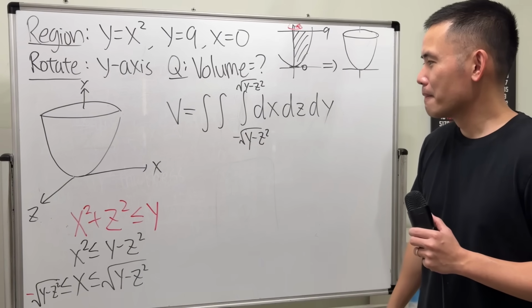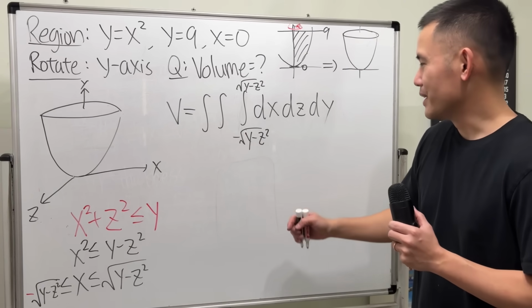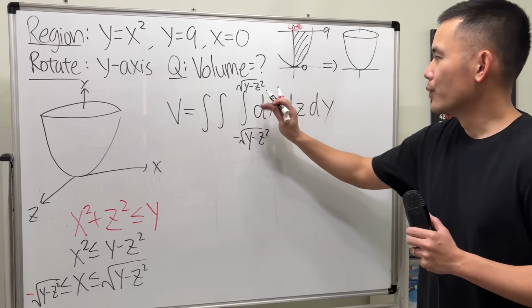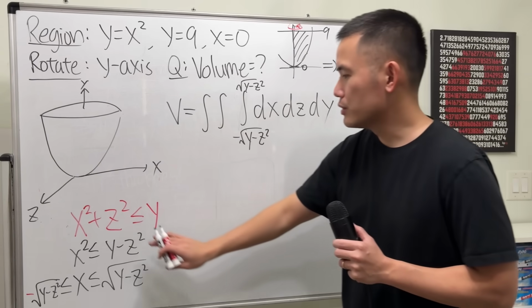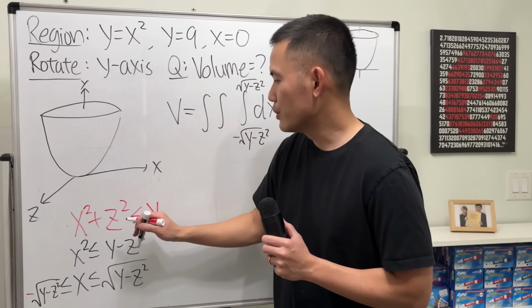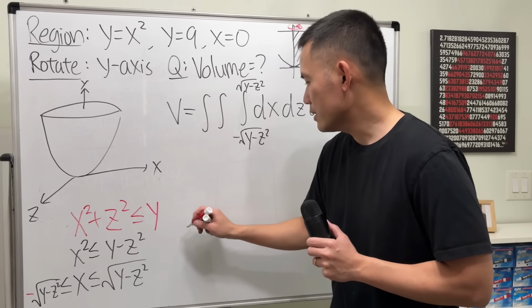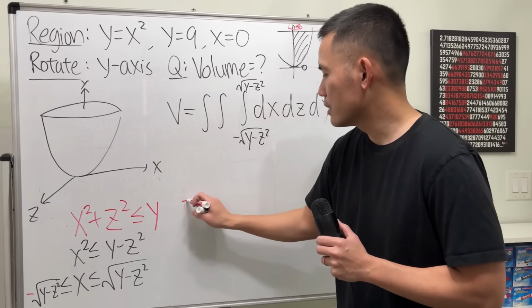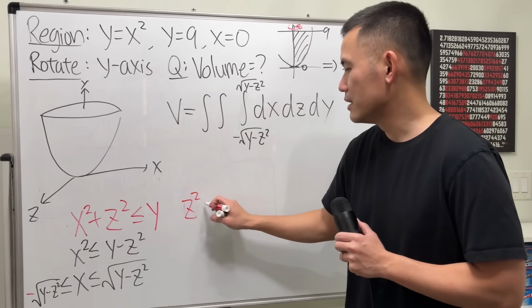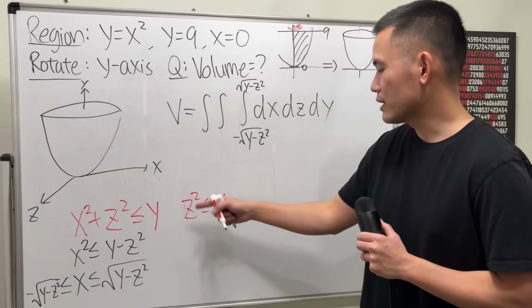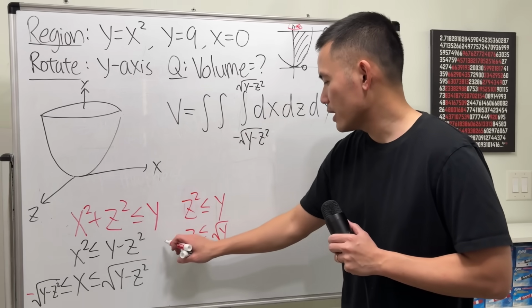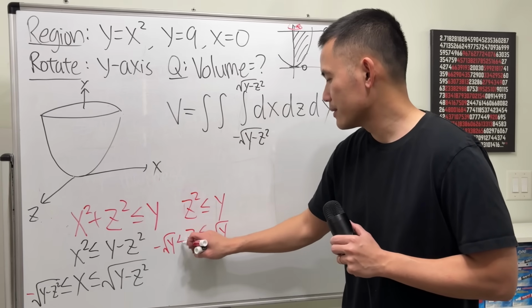Now we took care of the x already, so you can just come here and ignore that. So you're looking at z squared, because we took care of the x, is less than or equal to y, and then just isolate the z. z is in between positive square root of y and negative square root of y.